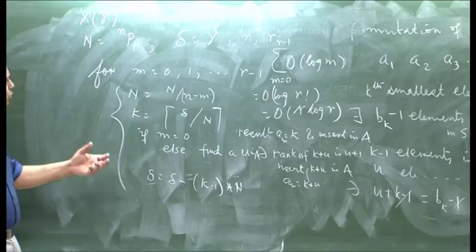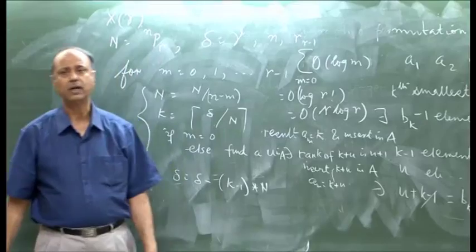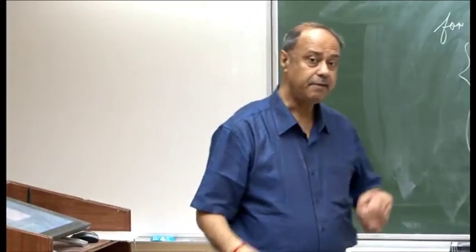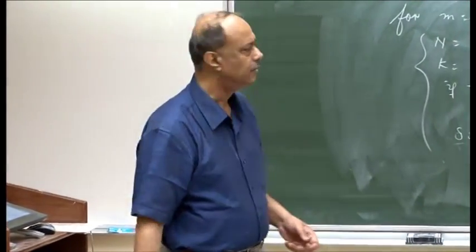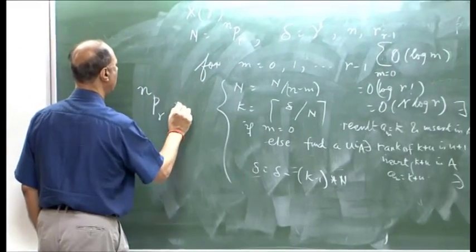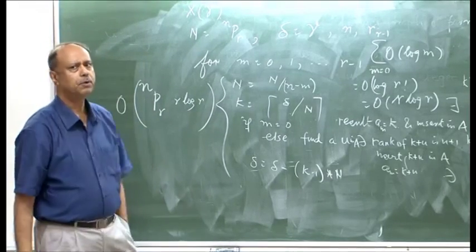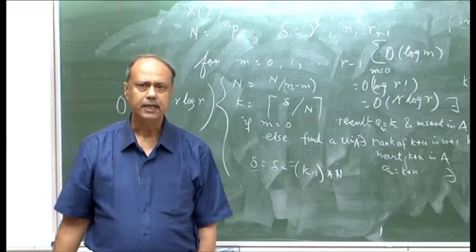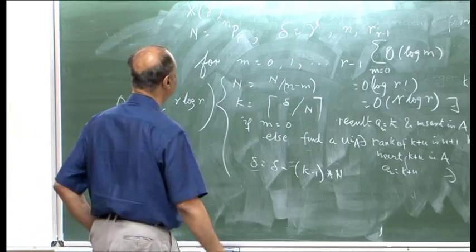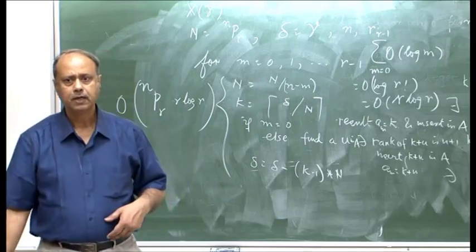Right? So to generate one permutation, you need order r log r time. Now there are NPR such permutations you have to generate, which takes NPR r log r time. You observe that this algorithm is basically adaptive, because every processor can do it on its own, right?